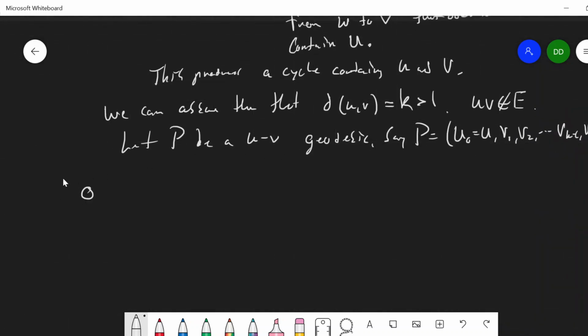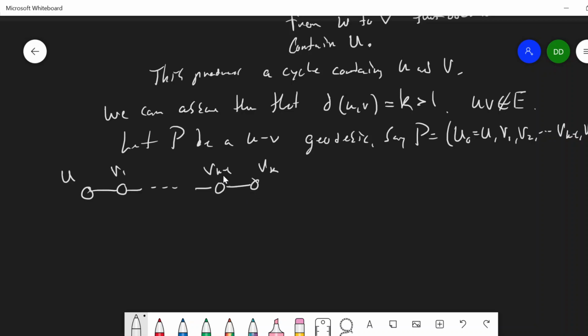So what's my situation now? Here I have U, here's V1, and I have this path, here's Vk minus 1, here's Vk. And what I'd like to do again is find a different path from U to Vk. If I could find a path from U to Vk that doesn't contain any of these vertices here, then I would have a cycle containing U and Vk, and I would be done.